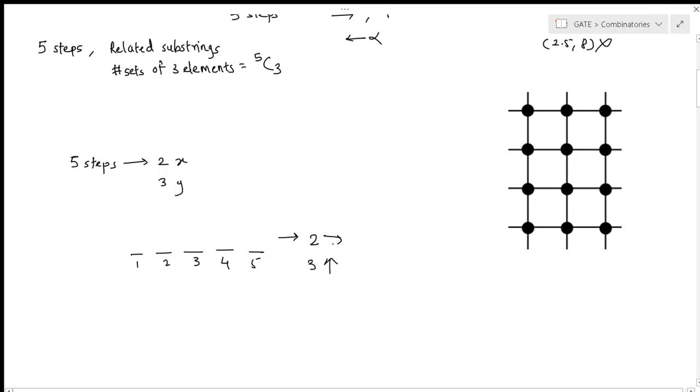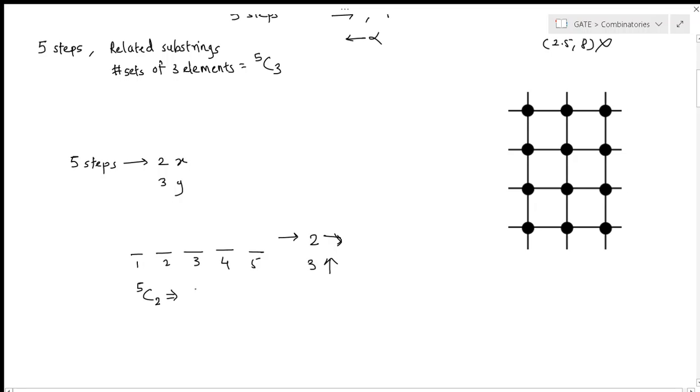No matter which places I choose, I will always reach my end node if I choose any two positions among these 5 positions for the right direction. So which two positions can I choose amongst the 5? I need to choose only two positions, for the right direction.